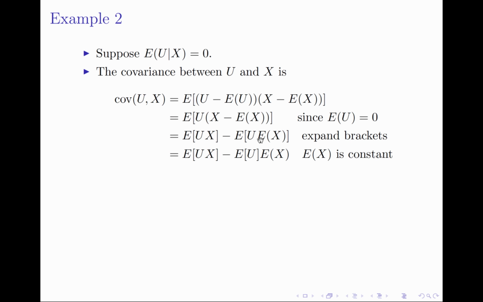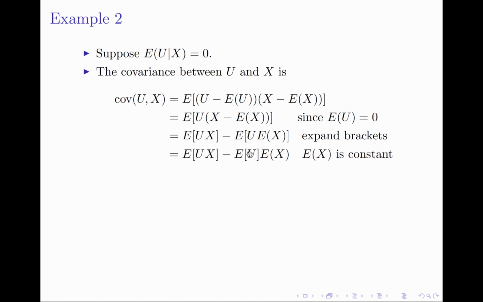This constant has come outside of this expectation, so we have these two expectations now taken separately. This trick, to take the E of x outside of the brackets, is not applying here, notice. This term is unchanged. We have a single E over here which applies to both the u and the x. So this step does not apply over here.